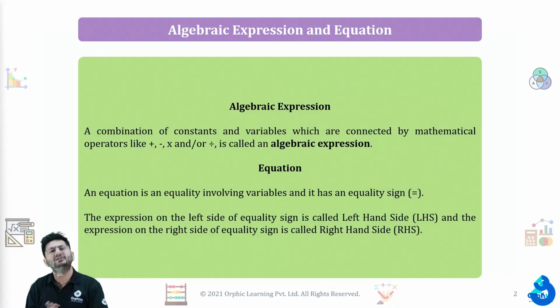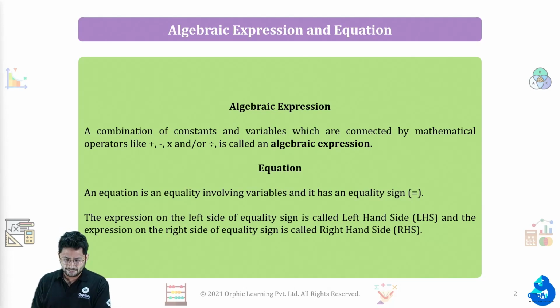Okay, so first of all, let's understand what is an algebraic expression and how is it different from an equation. So basically, an algebraic expression is a combination of constants and variables which are connected by mathematical operators like plus, minus, multiplication, division.